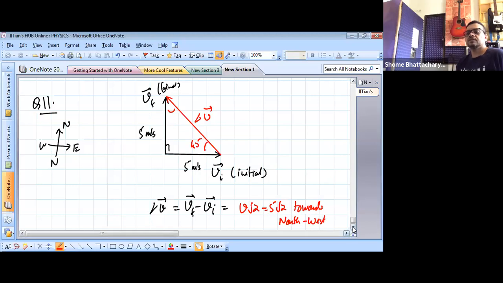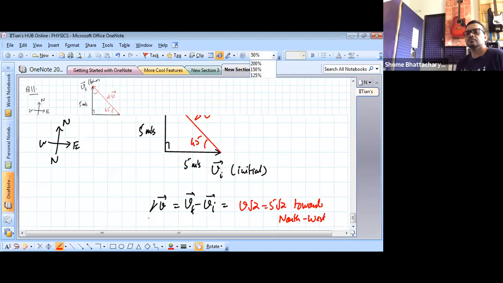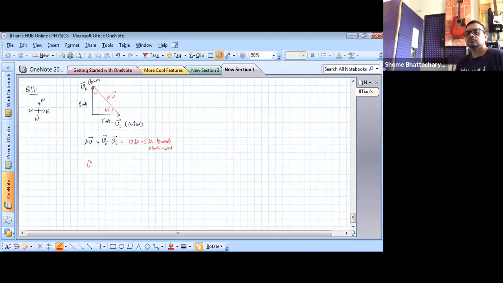That is why our average acceleration, which will be change in velocity upon change in time, will be equal to 5 root 2 meters per second divided by 10 seconds, towards northwest.